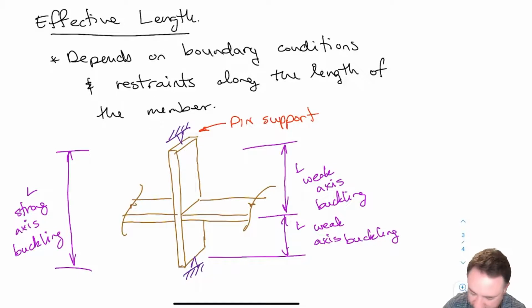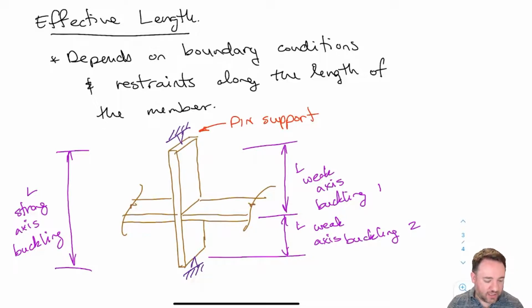These might be different. This could be L for weak axis buckling 1, and this could be L for weak axis buckling 2. If that was the case, then we're going to have to check two different effective lengths. Again, just to make sure that I'm clear, these are not effective lengths. These are just buckling lengths.